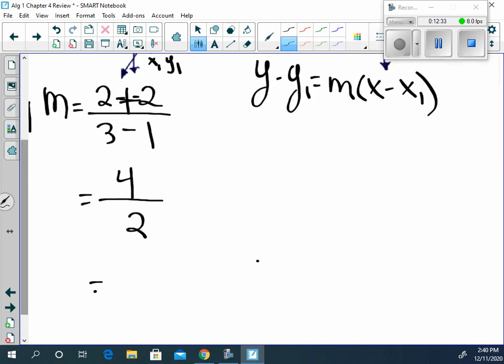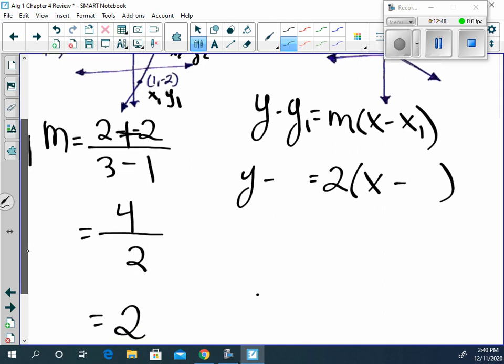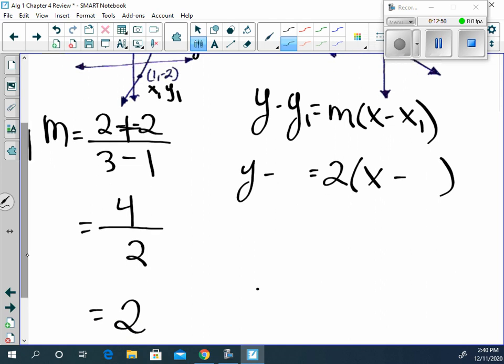And 4 divided by 2 gives me 2. So the slope for this line is 2. Any questions on this here so far? We good with this here?